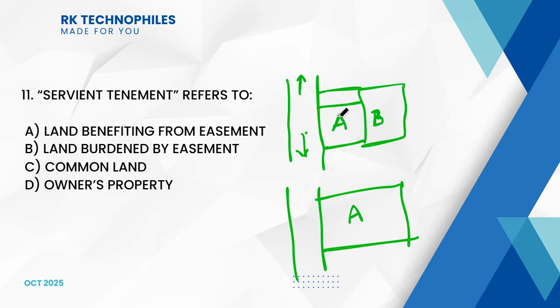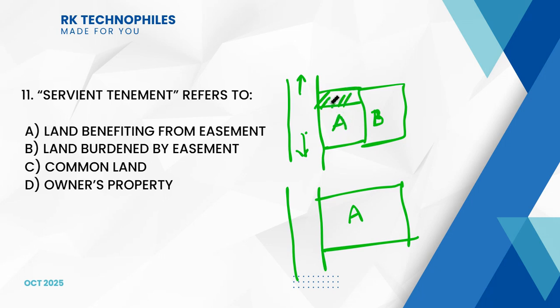Later, A sold to B this part. So B asked for the approach to the road. So this easement portion is given by A to B. So B and A commonly can use the right of way.